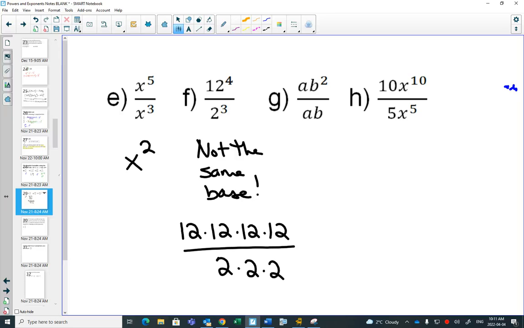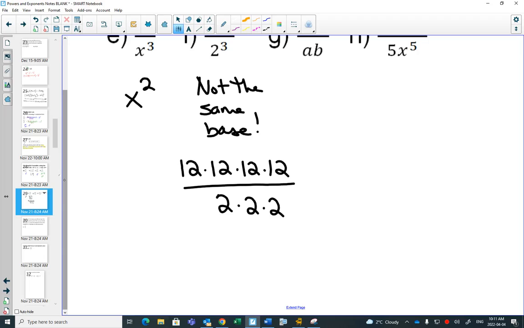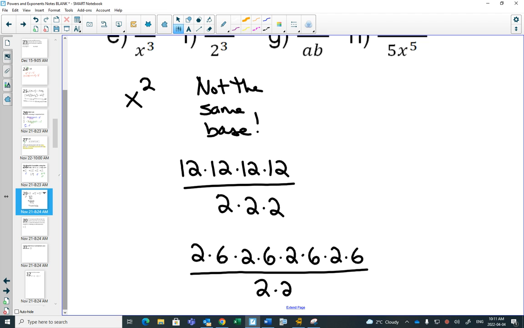But if you wanted to simplify this a little bit, can you see that 12 is 2 times 6? So I could change each of my 12s to 2 times 6 if I wanted to. And then my bottom is still 3 2's all multiplied together. And if I wanted to simplify, I could do that a little bit.